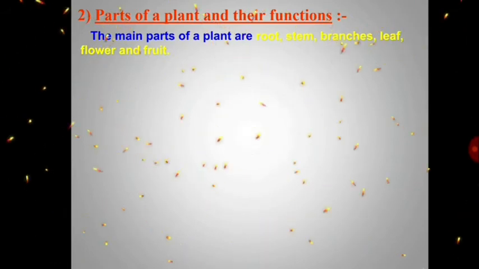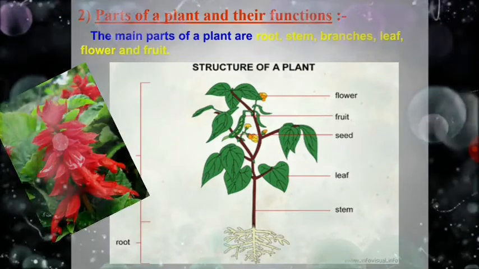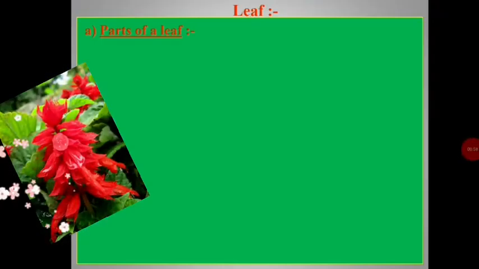Today we are going to learn about leaf and flower. Today we are going to learn leaf. Leaf is the part of shoot system.